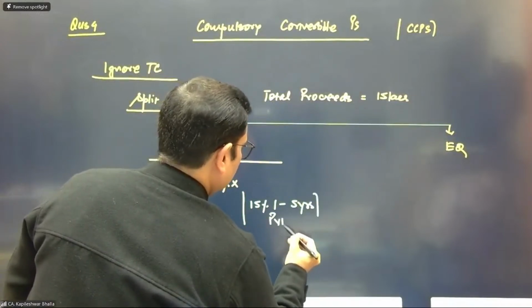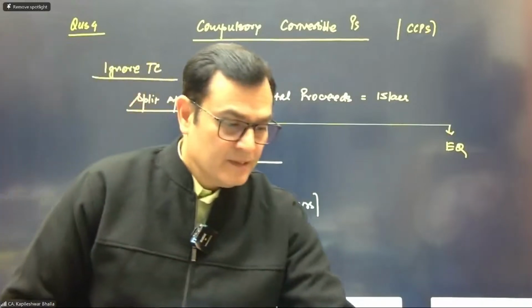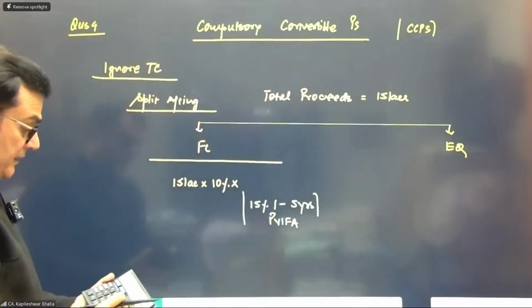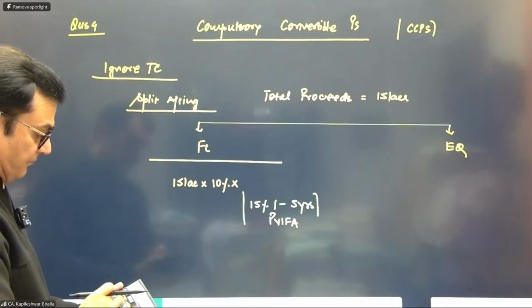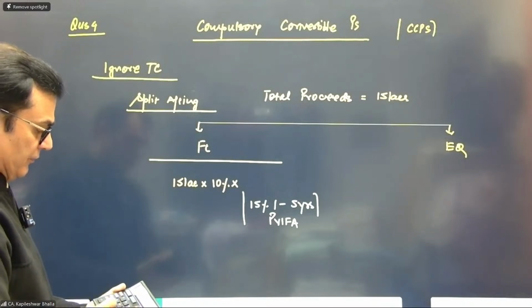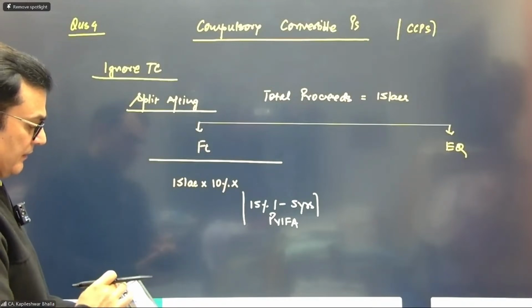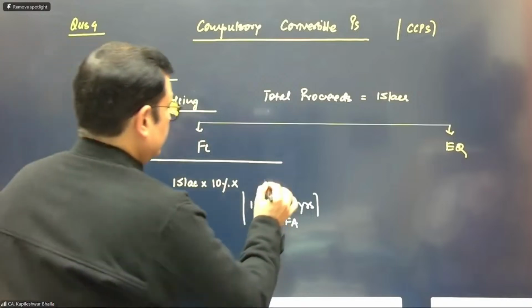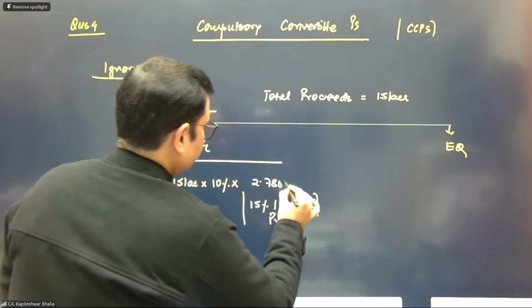So let's see the factor at the rate of 15% for a period of 5 years. We need a PVIFA at 15%. So let's see what is the cumulative factor at 15%. 1, 2, 3, 4, and 5. I think it is coming to 2.7804, I would say.